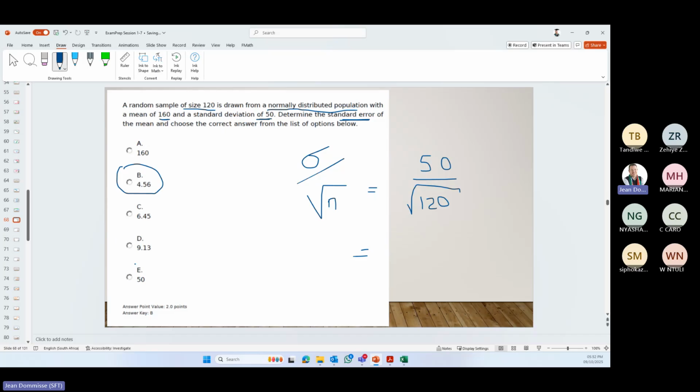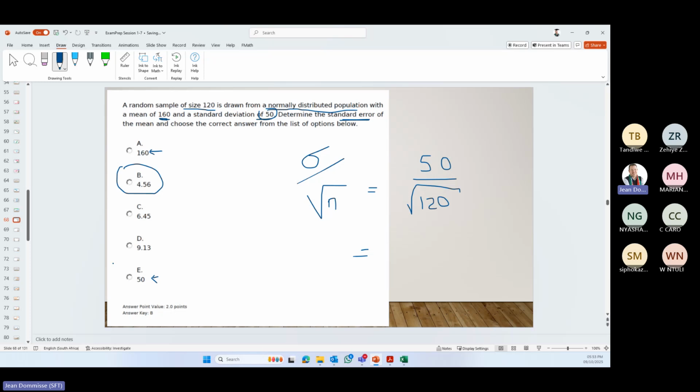Let's just quickly check. If you read it wrong and didn't know what to do, and said standard error is the mean, there's the answer. If you just said it's the standard deviation, there is an answer. Luckily that divided by that would not give it, so I don't know how one would get to the others, but there are probably possibilities.